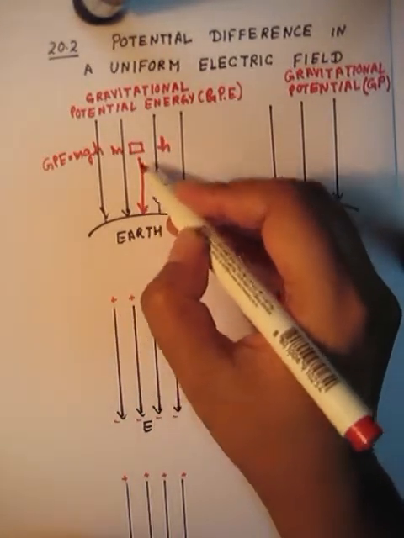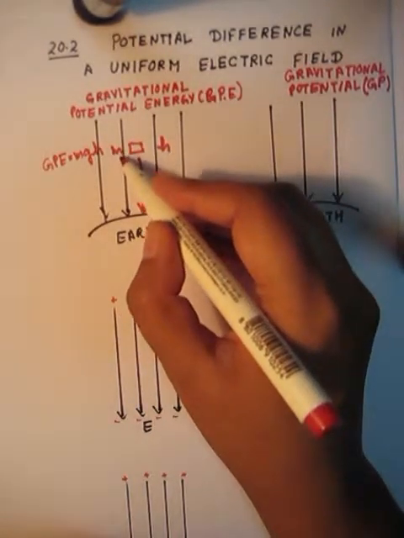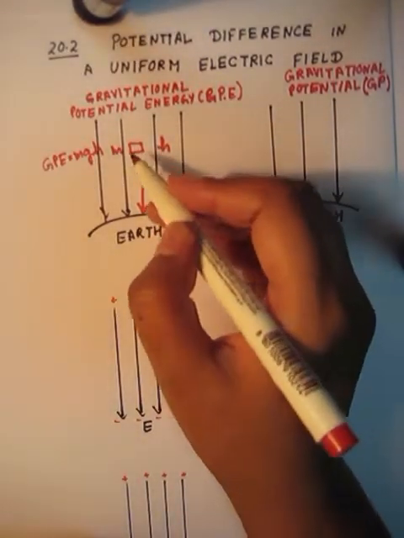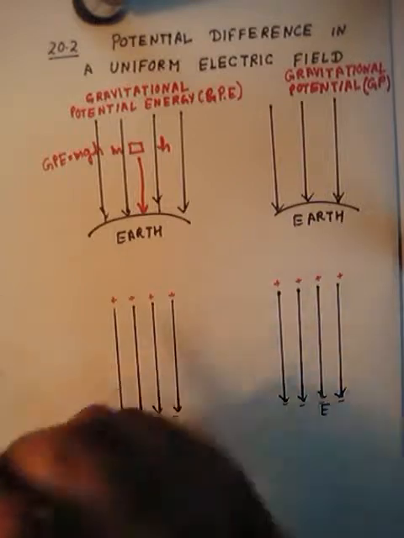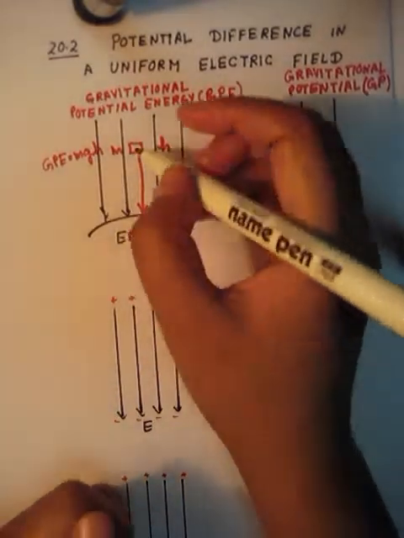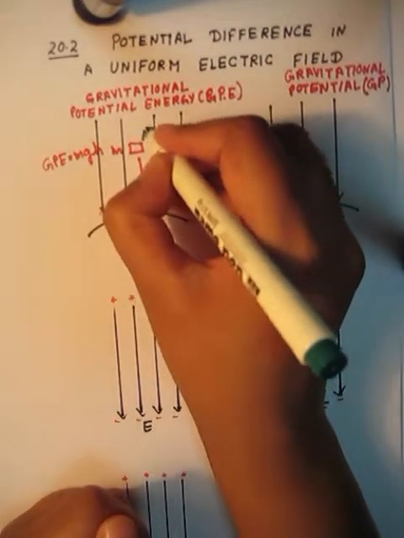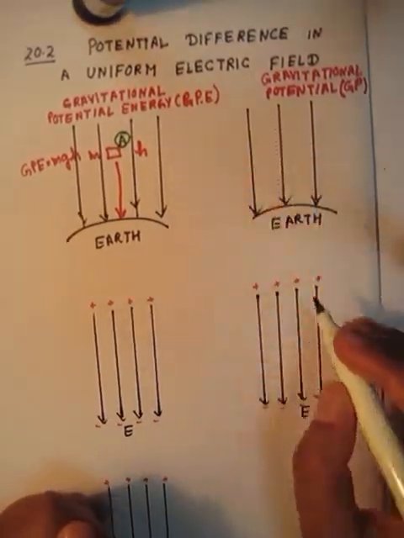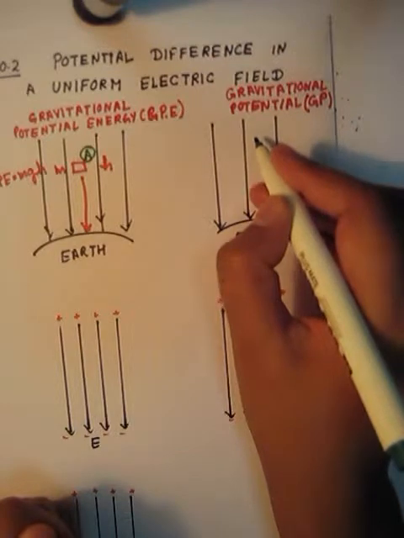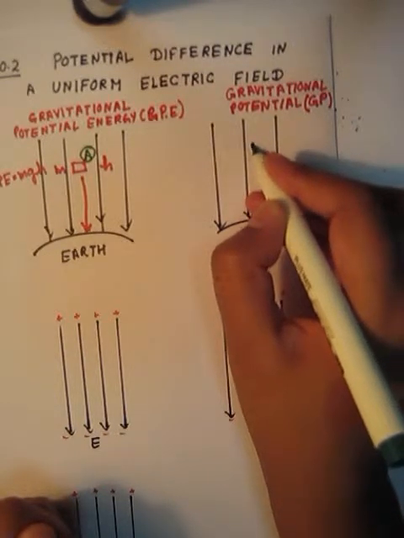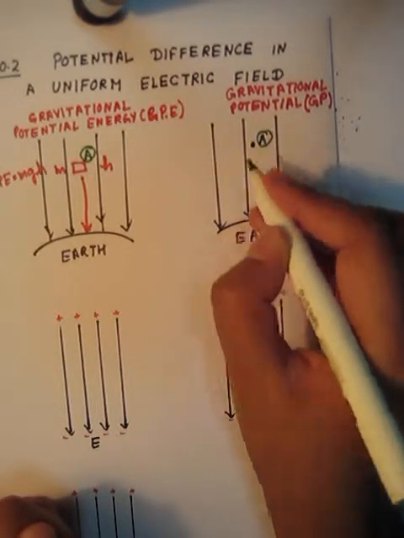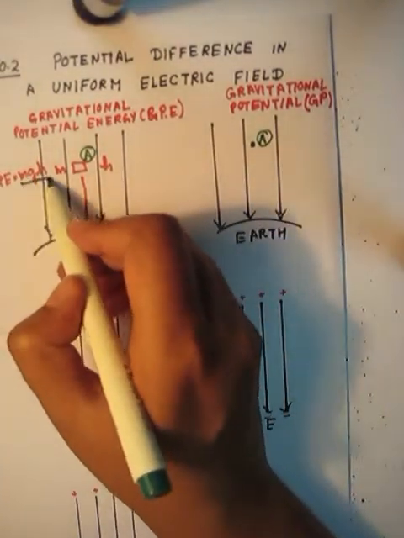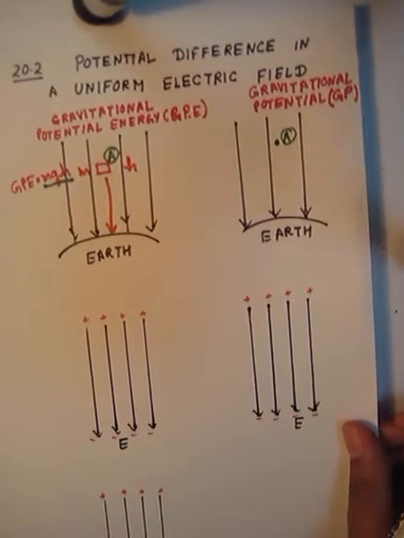Let us say this point is point A. If there is mass at this point, there is gravitational potential energy, which is given by mgh.